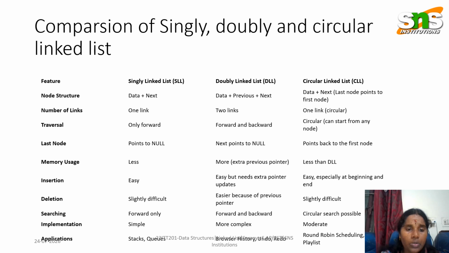Memory usage is less in the singly linked list, more in the doubly linked list because of the extra previous pointer, and less than the doubly linked list in the circular linked list.